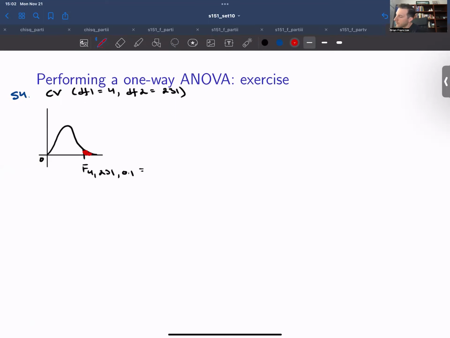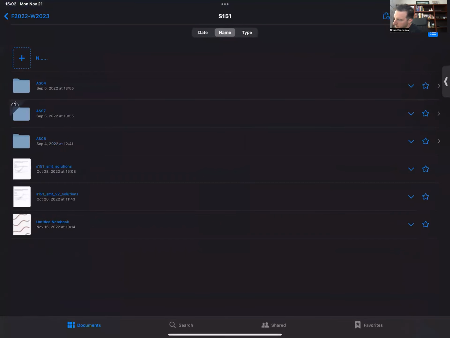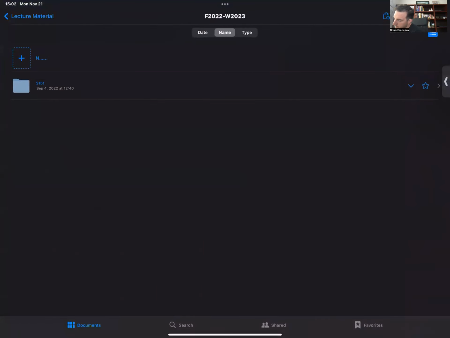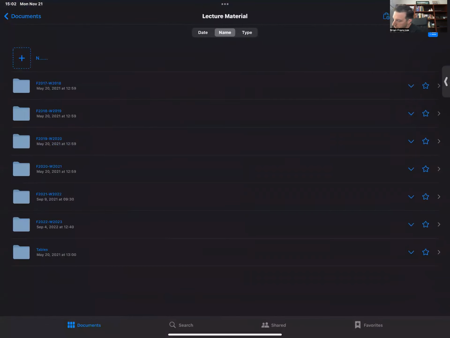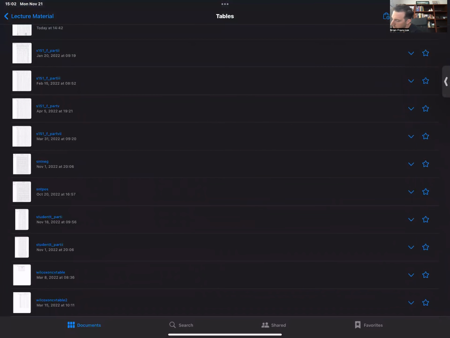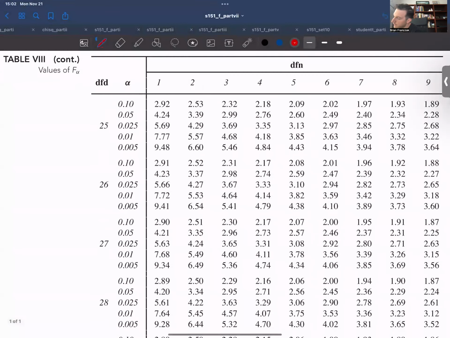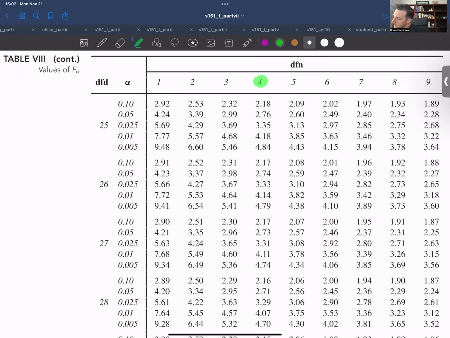All right, so we have to go to our F tables here. When we're working with the F tables, there are 8 different pages. Given the size of this F value, we're most likely going to be using the last page of the F table. So I'm going to go to page 7 here, the second last page. So I have 4 degrees of freedom in my numerator slot. DFN and DF1 are the same thing.